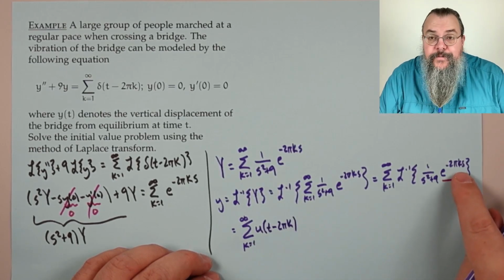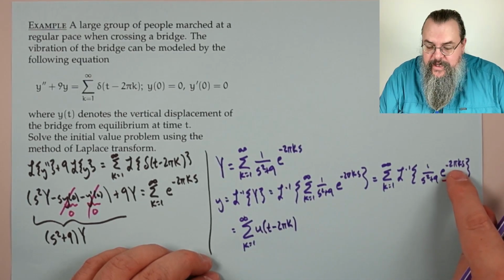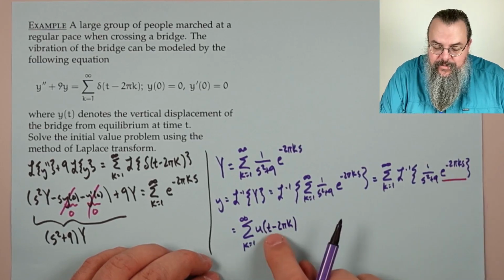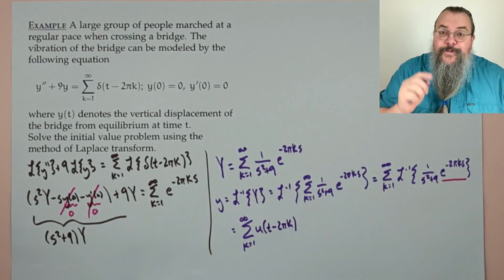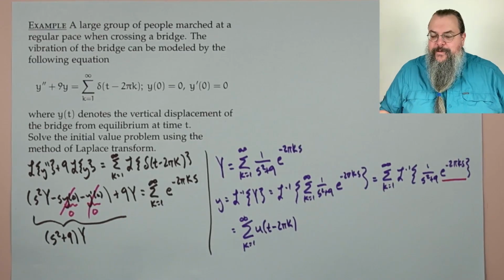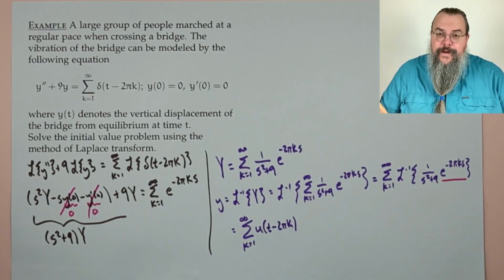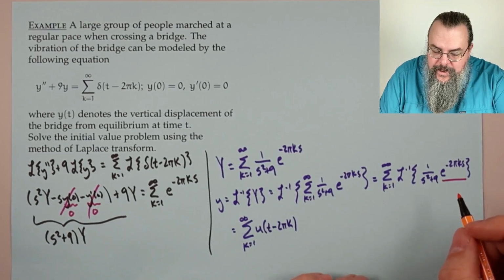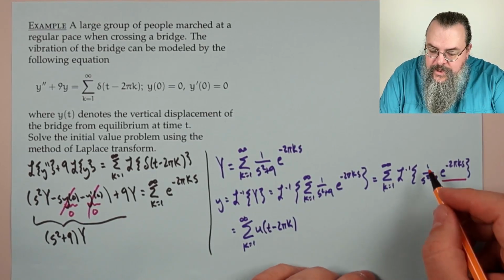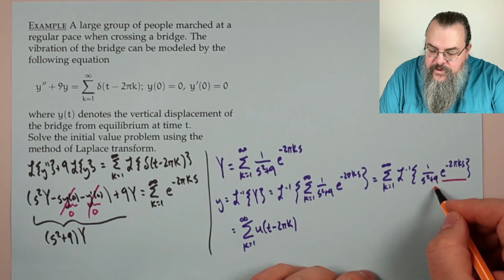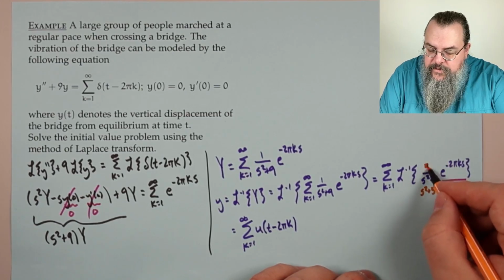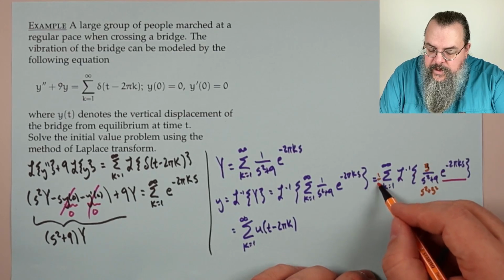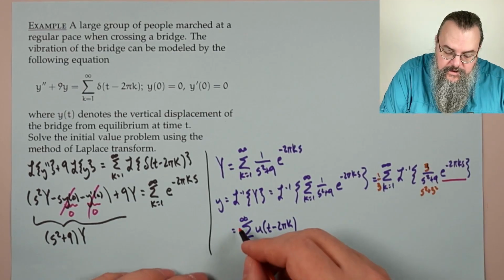We grab the coefficient of s, minus 2 pi k, so 2 pi k is a, t minus a. Now, s squared plus 9. Oh, we did forget one thing. That's okay, we can fix it really quick. What should we have here? Well, s squared plus 9 is s squared plus 3 squared. So we should have a 3 upstairs, so we'll put a 1/3 out in front. All right, great, no worries.